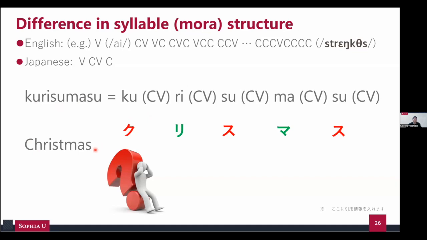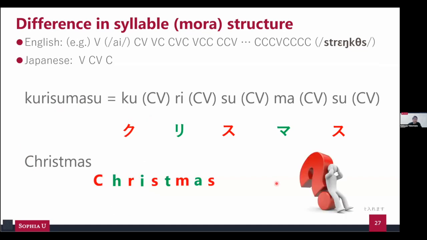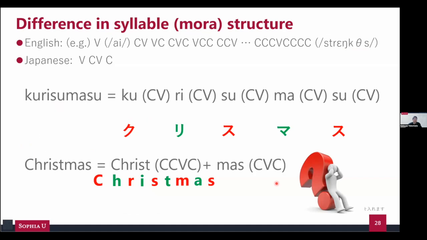So they can't do the CV sequence anymore. It's very confusing for them. But English syllable structure is like this: CCVC plus, this is one syllable, and CVC sequence. Students have to learn those sequences to see the difference between English and Japanese. It's a very important distinction.